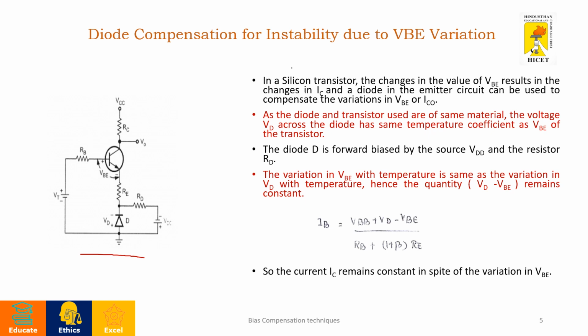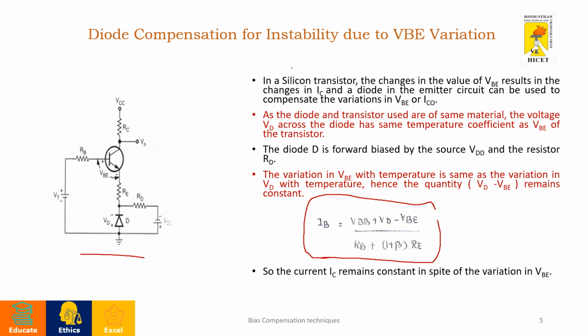When base emitter voltage varies with temperature, a similar variation happens in the diode also. The diode is forward biased by the voltage VDD through the resistor RD. So IB is given by VBB plus VD minus VBE by RB plus (1 plus beta) into RE.